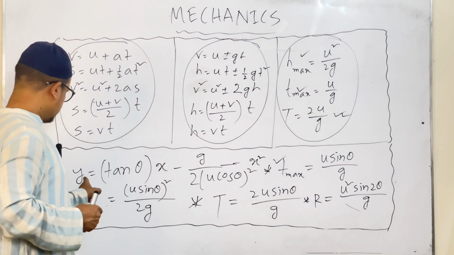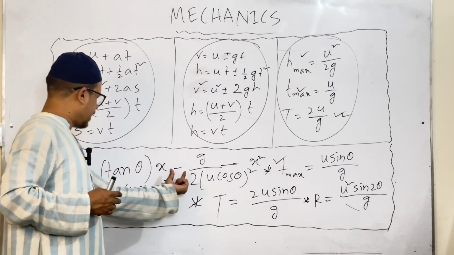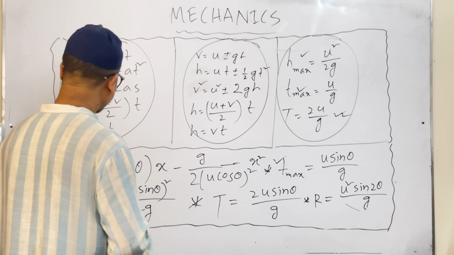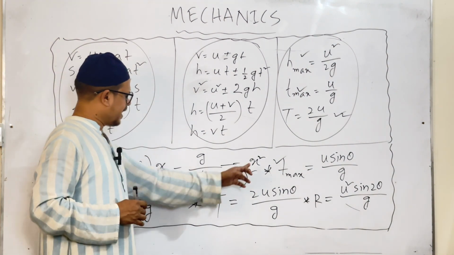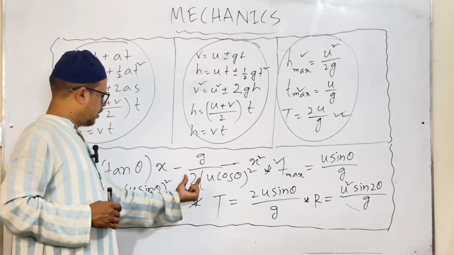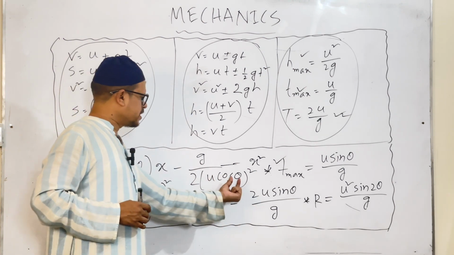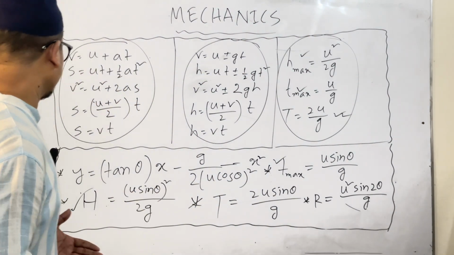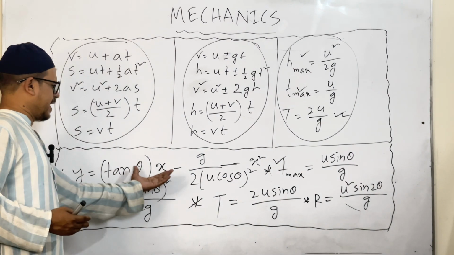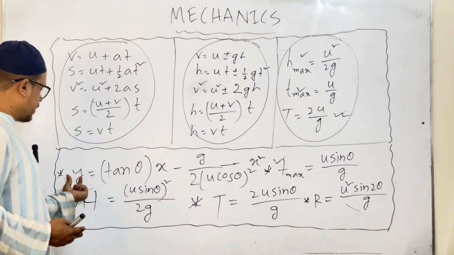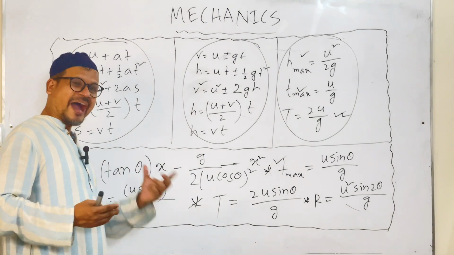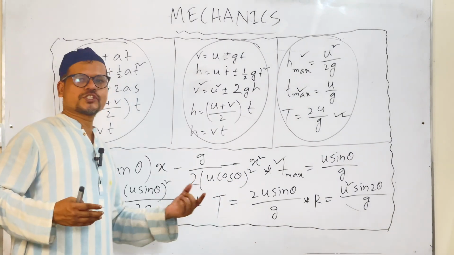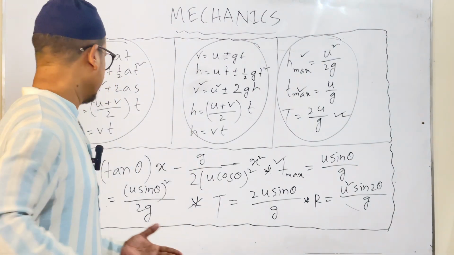You have to remember this very important formula: y equal to tan theta x minus g x square over 2 u cos theta whole square, with u cos theta whole square as the denominator.